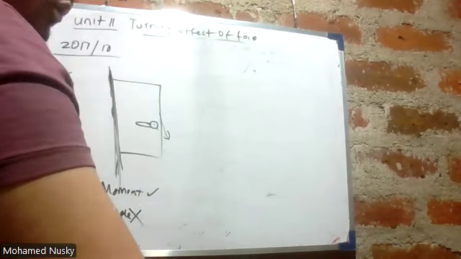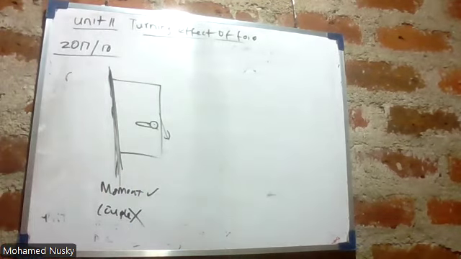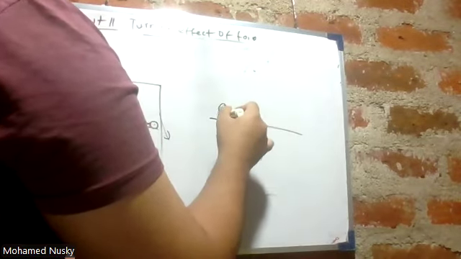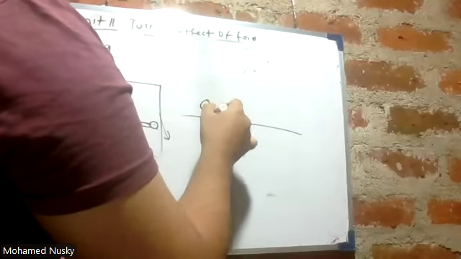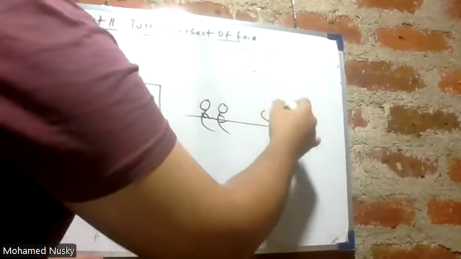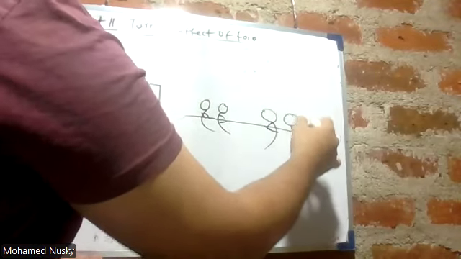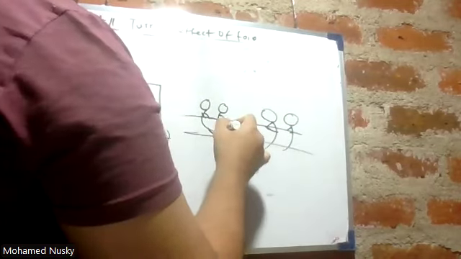Third one. When the rope is pulled in opposite directions by two groups in a competition of pulling ropes. Now here we have a rope. Now here we have the persons. We are pulling. Here another group is pulling. This is the surface.